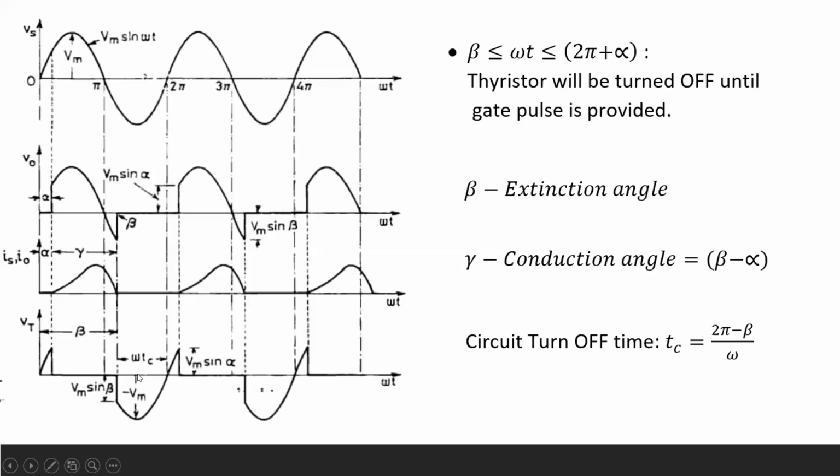And for this interval, from beta to 2 pi, the reverse voltage is applied across the thyristor. It is given by omega tc, so omega tc will be equal to 2 pi minus beta. So the circuit turn off time tc will be equal to 2 pi minus beta divided by omega.